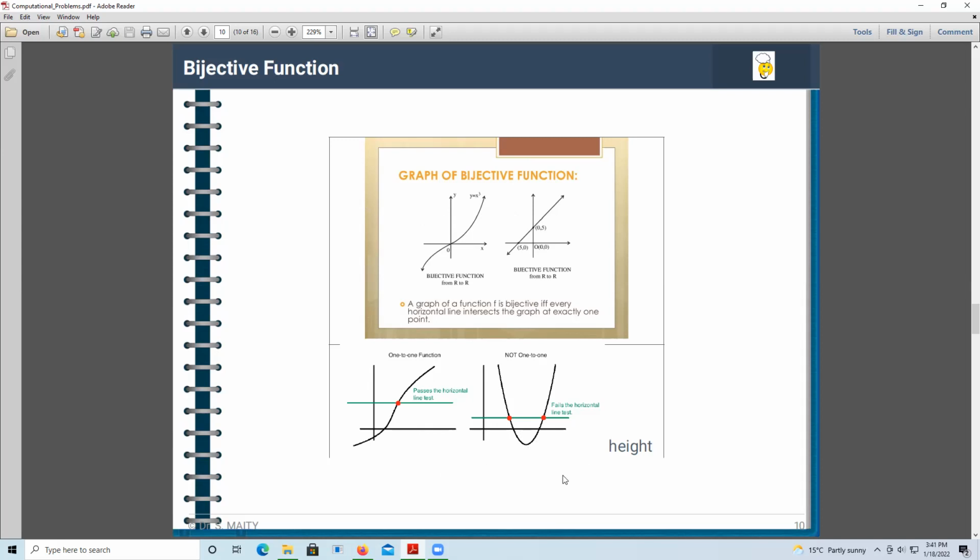Suppose this part is not present in the graph and the graph starts somewhere here. Then if you draw a line here, it will not cut the graph, and for that particular value of y there is no valid input x for that function. So that means it violates the onto property.